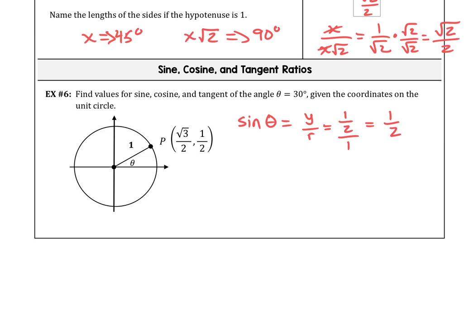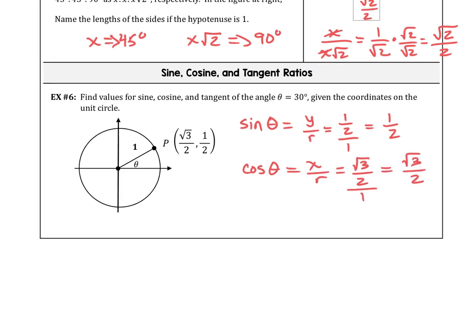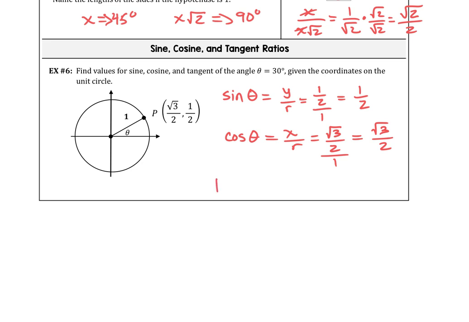It's the y coordinate. The cosine, we said, of theta was x over r. Well, r is still 1. And the cosine is just the x coordinate, which is root 3 over 2, divided by 1, which is just root 3 over 2. And then remember that tangent is going to be y over x.